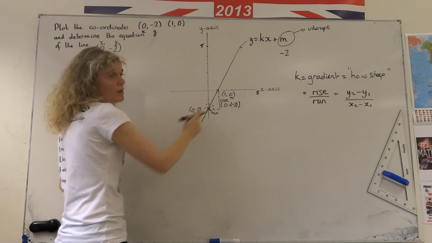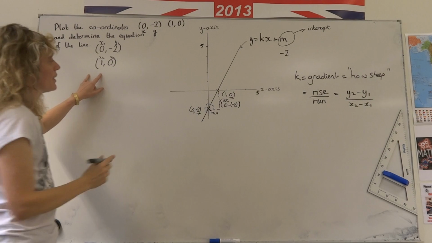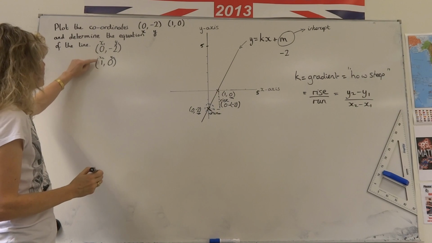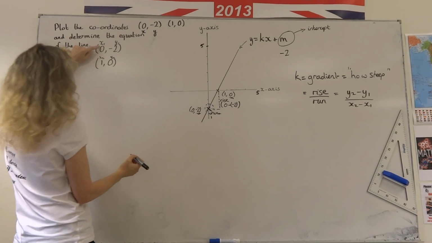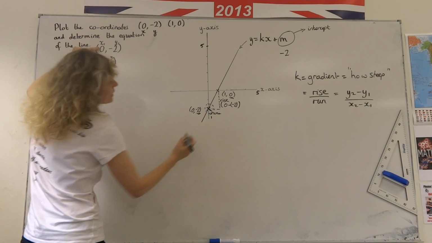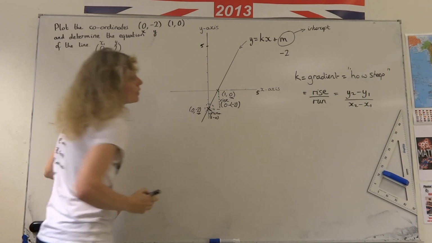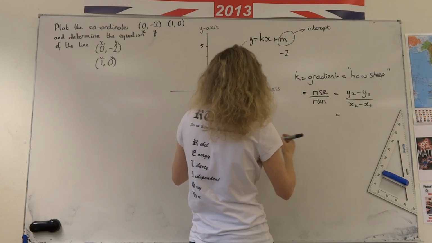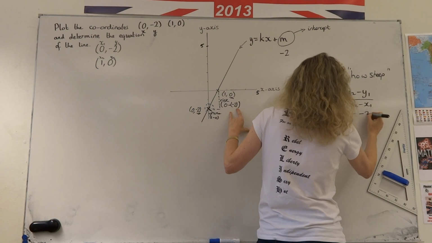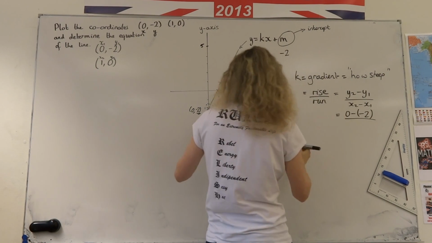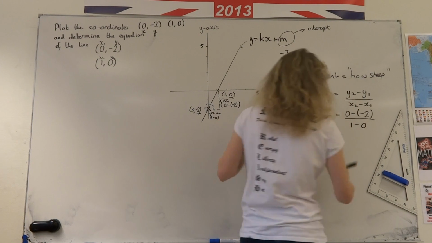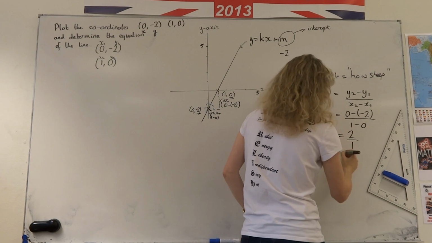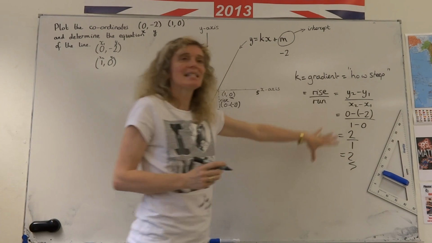And my x coordinate is how far we're going on the horizontal axis. x2 is 1 and x1 is 0, so 1 minus 0. If I plug in my numbers, I get y2 minus y1, which is 0 minus -2, divided by 1 minus 0. 0 minus -2 is plus 2, divided by 1 equals 2. That's the maths of it.